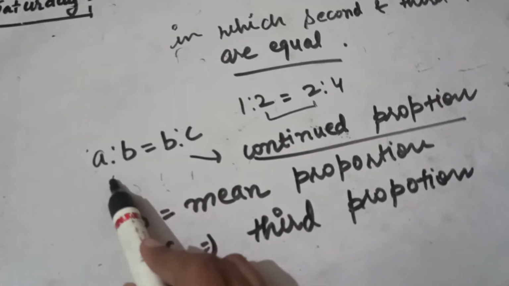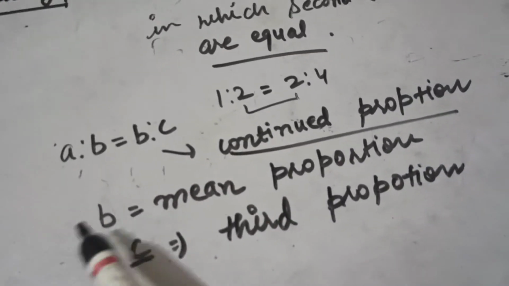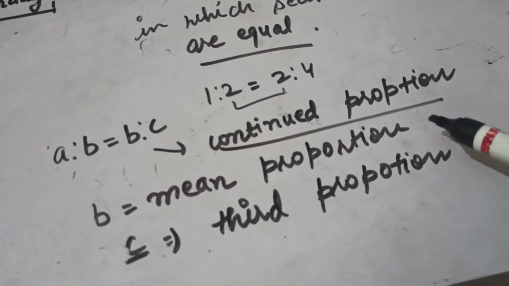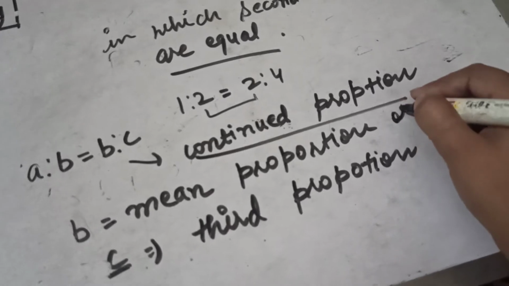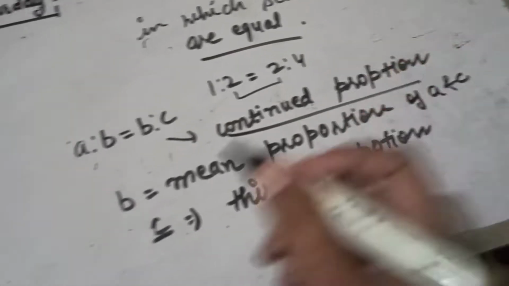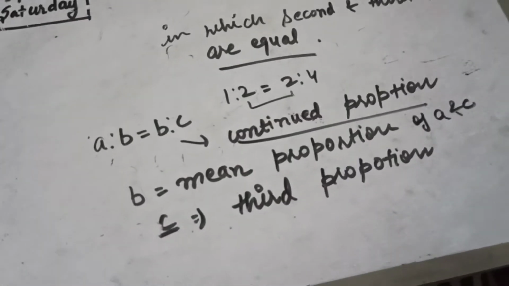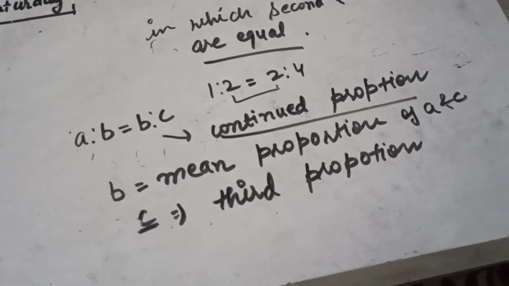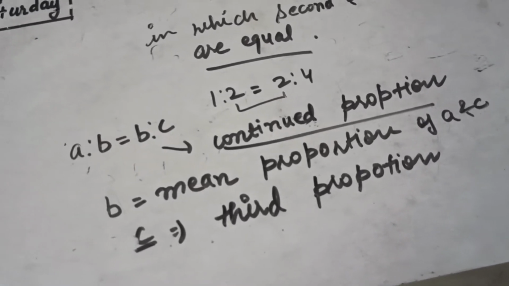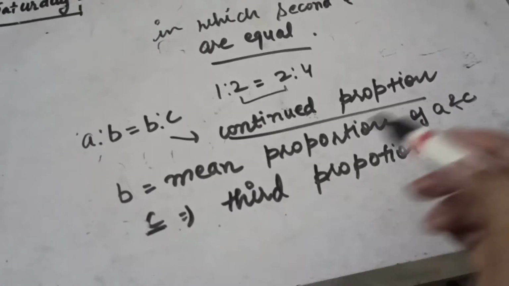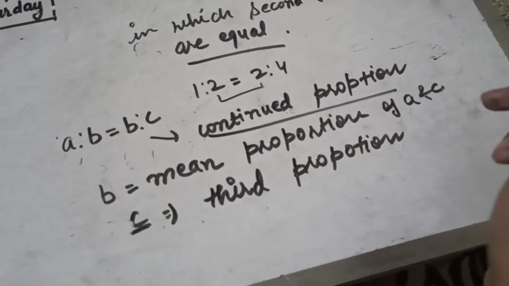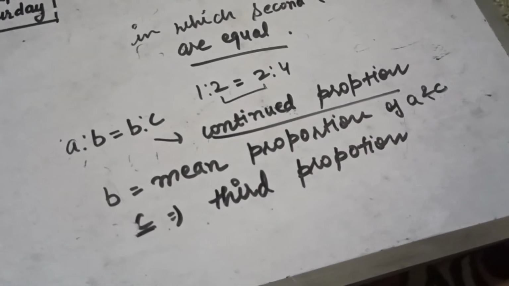This is in terms of A, B and C. B is called the mean proportion of A and C because it comes in between A and C. And what do we call C? C is the third proportion.